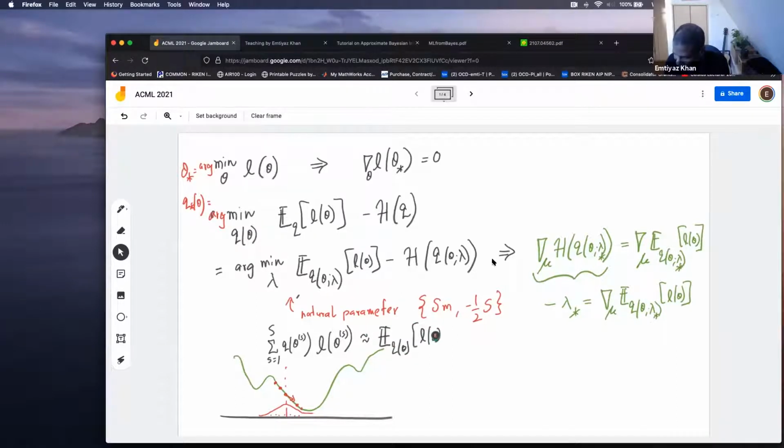You can see that if the standard deviation was very, very small, so let's look at another point, maybe the distribution is like this, then the expectation of the loss will be almost the same as the value at the mean.